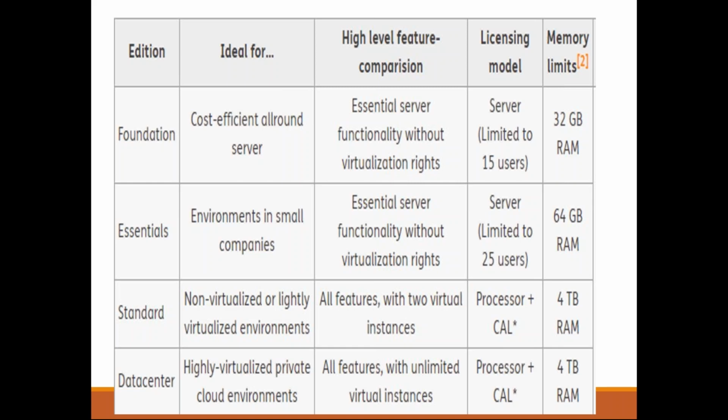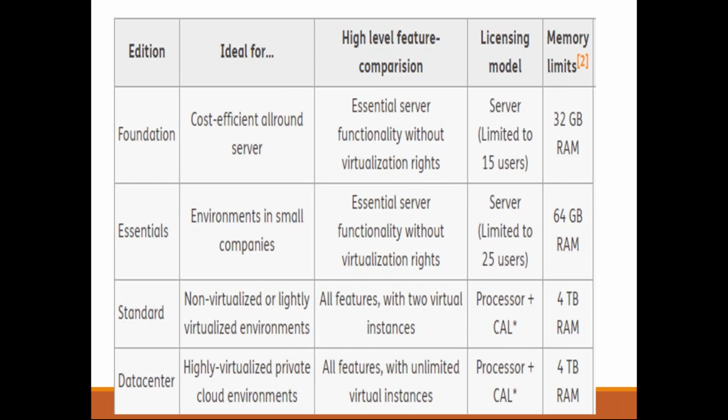Is it an 8 core processor, 16 core processor? How many physical processors are connected? How many cores does each processor support? So you have to use the license based on the processor. That's the CAL here, Client Access License, which comes processor based.